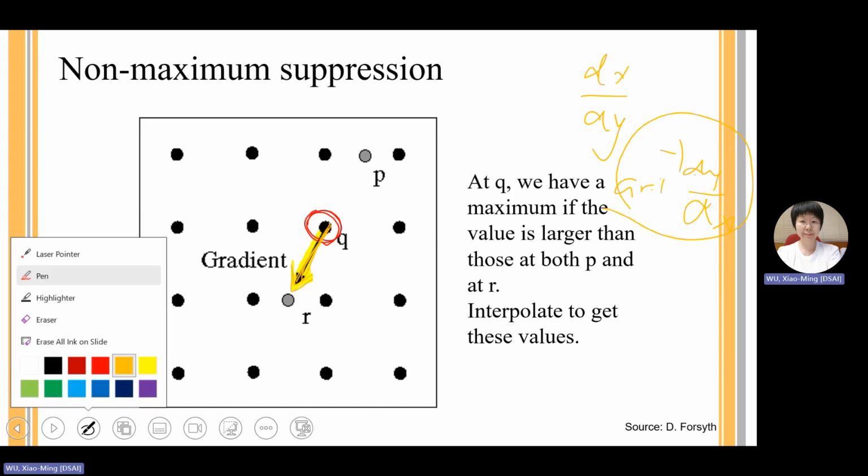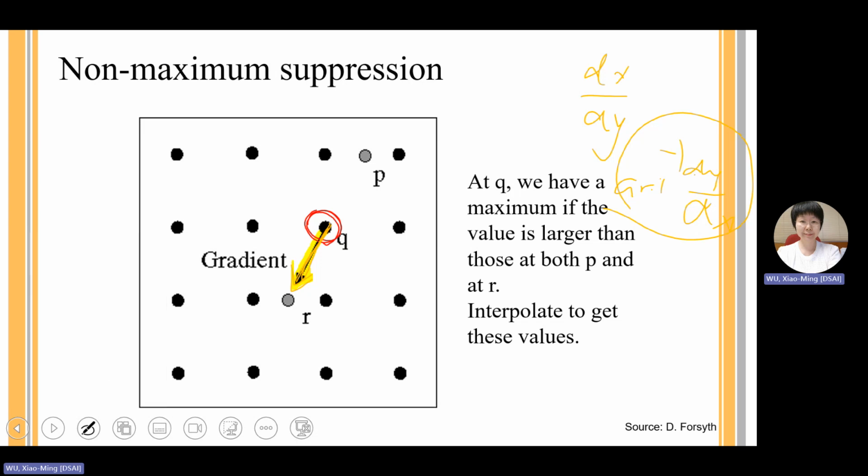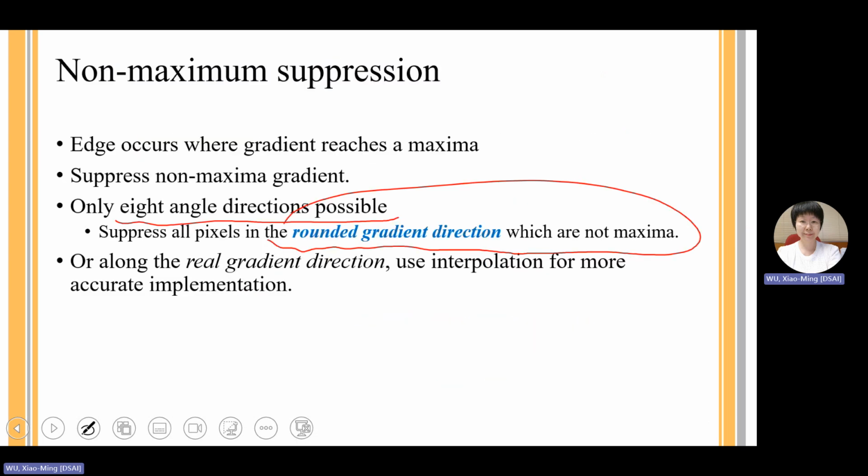But as we said, within an image, there are only a limited number of directions. So we are going to round this direction to its nearest angle direction, the rounded gradient direction. Okay.